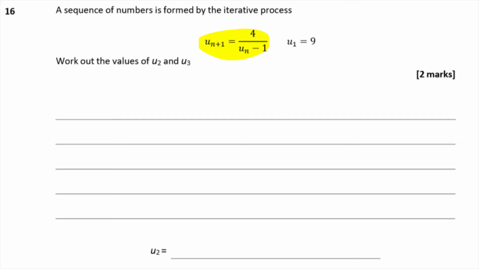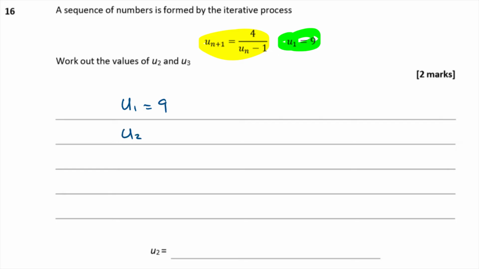So we find the next term in the sequence by taking 4 and dividing it by the previous term in the sequence, subtract 1. We've been given the first term of this sequence, u1, and that is equal to 9.